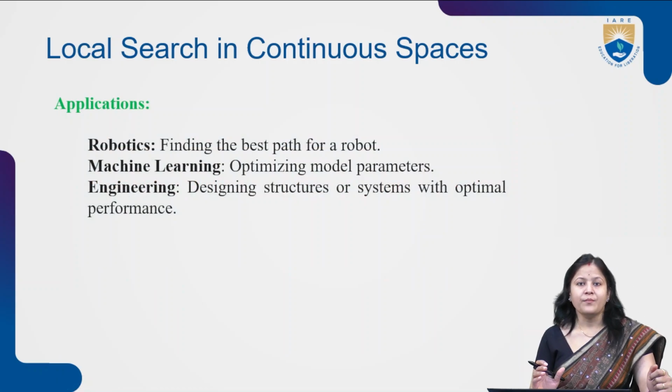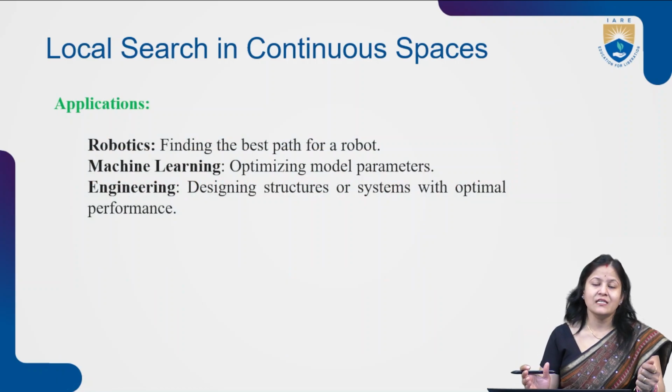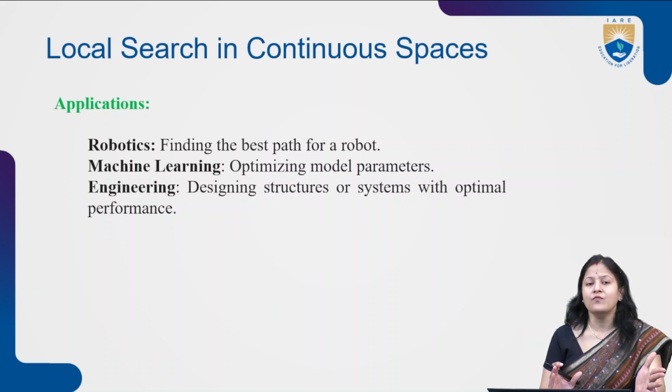Now these are various applications of local search in continuous spaces, meaning where it can be used. This type of algorithm can be used in robotics, in machine learning, and even in engineering. Robotics, why? Because all three applications I have mentioned work in a dynamic or partially observable environment.